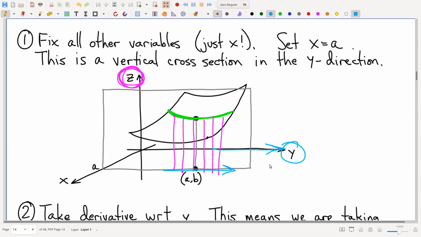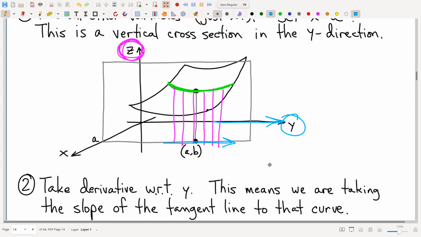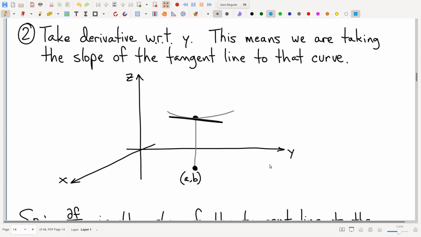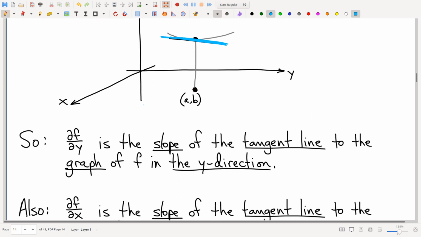So when you take a derivative, you get a slope, just like in single variable calculus. So the derivative with respect to y means we're just going to look at the slope of that tangent line, and that gives us this nice, convenient interpretation of partial derivative with respect to y.